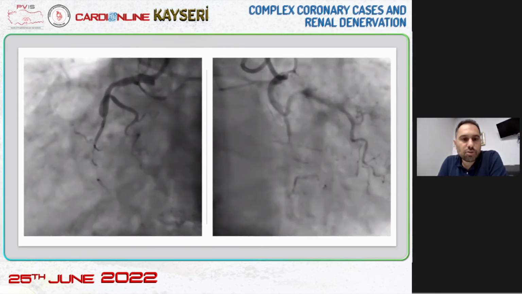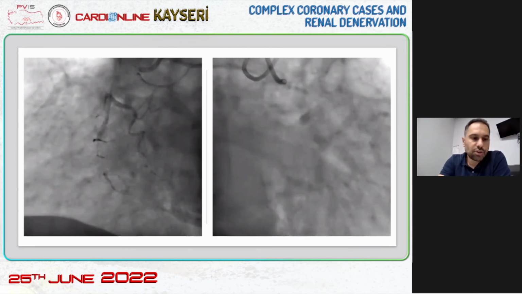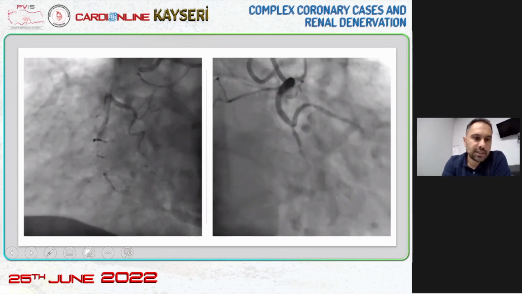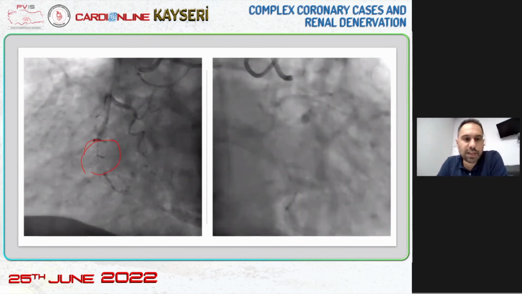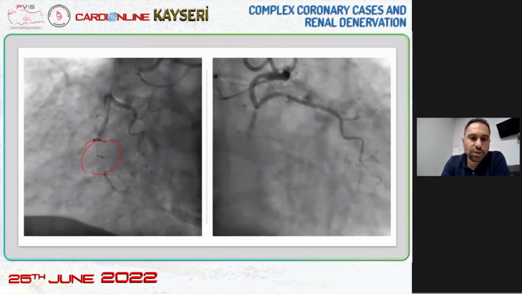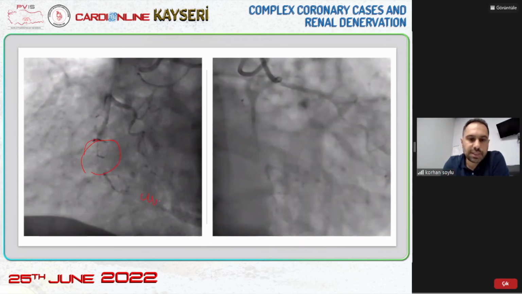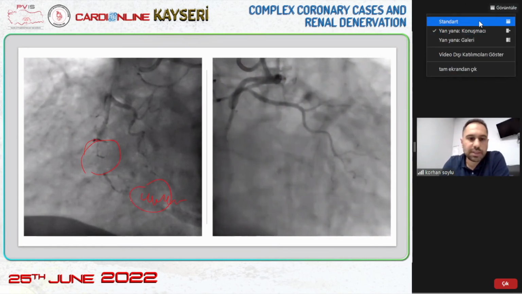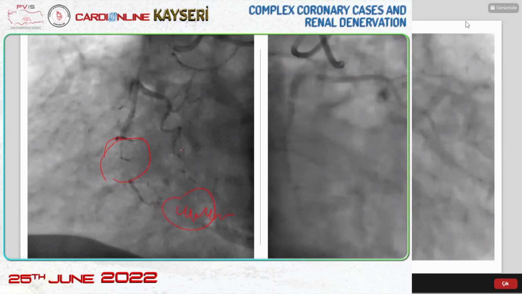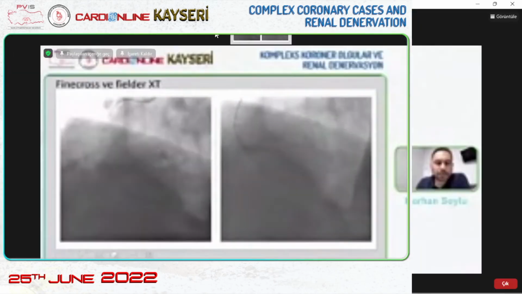Let me show you the lesion. In the left oblique projection, you can see that at the right coronary artery, in the first CTO segment, there's a microchannel seen, and at the distal part towards the PDA, there's an in-stent CTO.